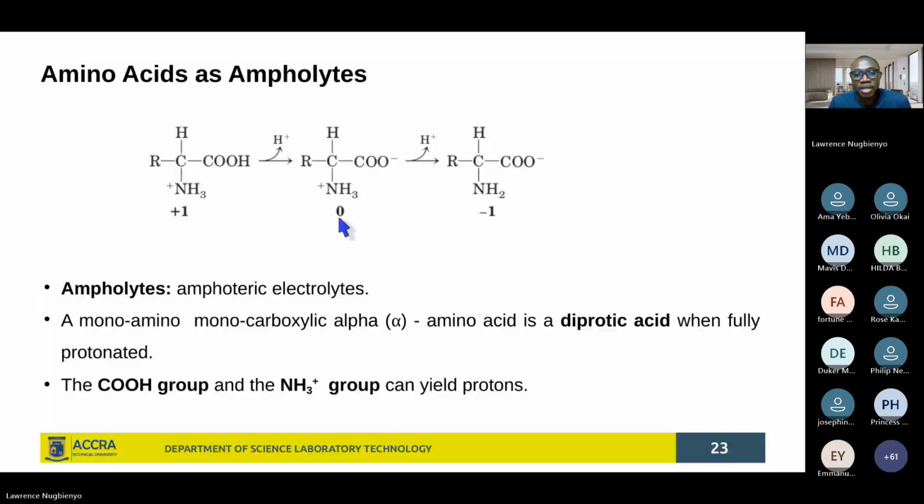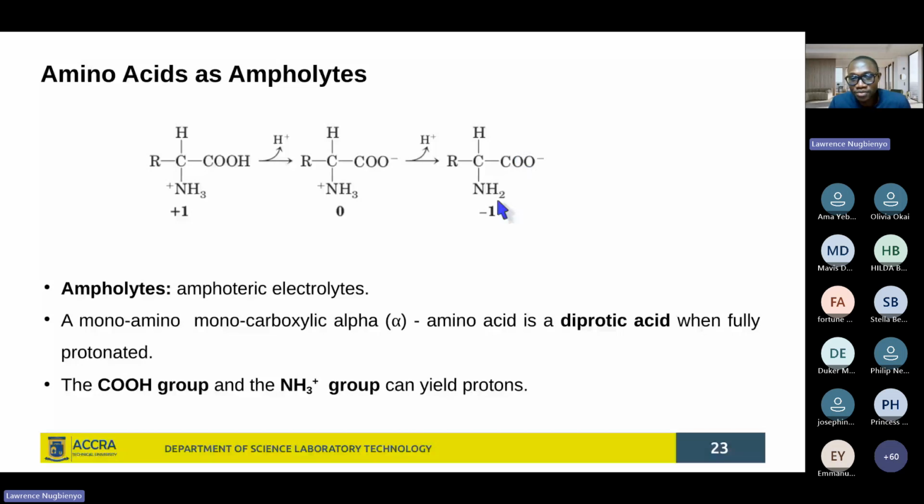Now, the amine group, which is carrying a positive charge, can also give out a second hydrogen ion. And when it gives out that second hydrogen ion, it now becomes neutral. So it's now NH2. In this case, the whole amino acid molecule will be carrying a net charge of -1.